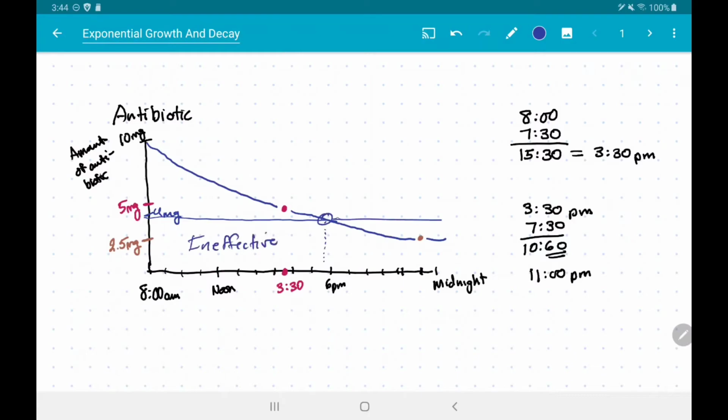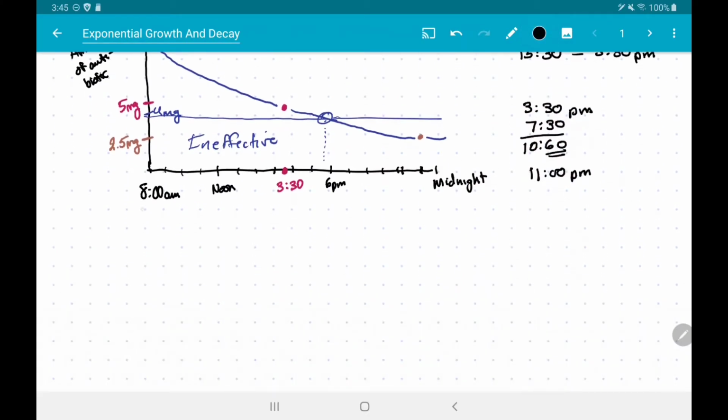So we're looking for the first time t that the amount of antibiotic in the patient's body reaches that threshold of 4 milligrams. Okay, so here's what we're going to do. I'm going to let t equals 0 be 8 a.m. This is t equals 7.5 hours later.